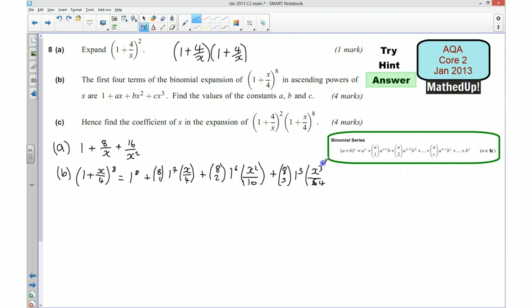And then I've got 1, 2, 3, so I've got my 4 terms that I need, but obviously this would carry on.